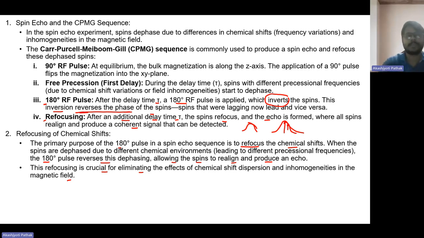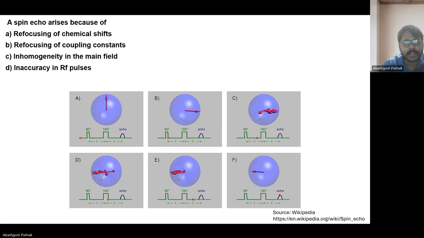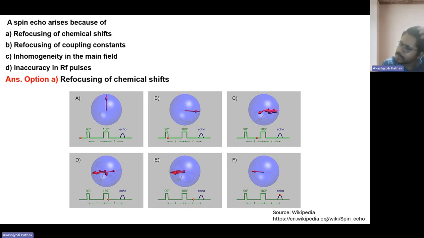They invented this kind of pulse sequence, which helped them resolve the problem they were initially facing because of two issues: chemical shift, which is very natural and you cannot avoid, and the inhomogeneity in the external magnetic field. Okay, I think this concept is clear. So we'll move on to the next question.